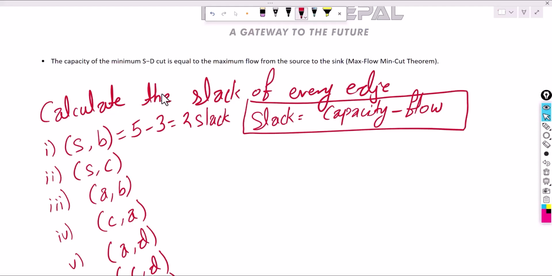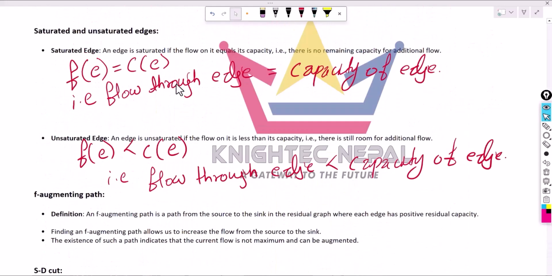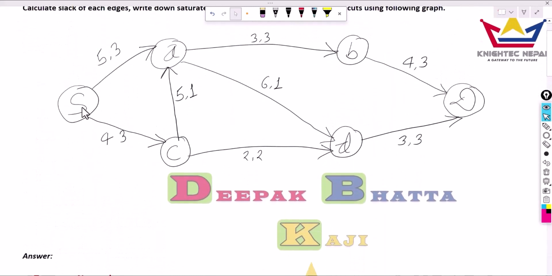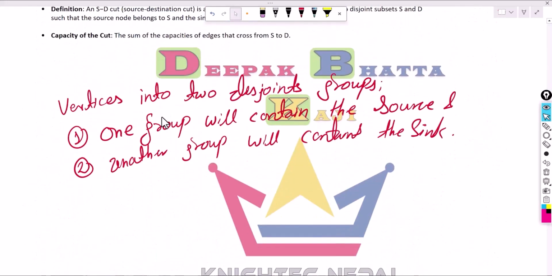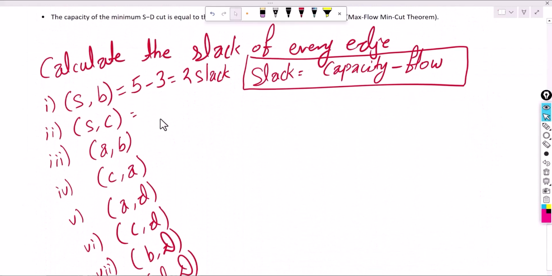So likewise S to C, look at the graph, S to C. 4 is our capacity and 3 is our flow. So 4 minus 3 will be 1. So in S to C we have 1 slack. So write down 4 minus 3 equals 1 slack.